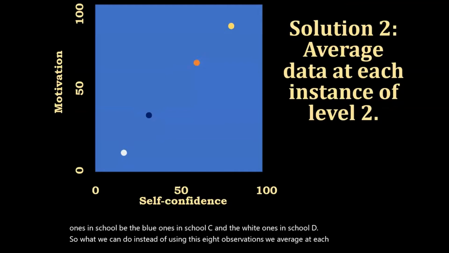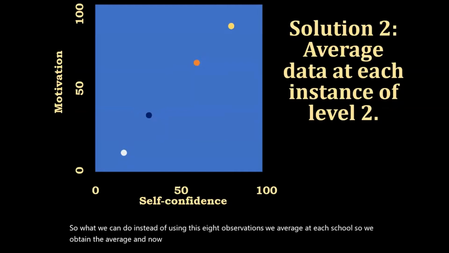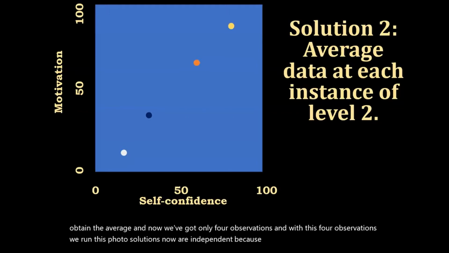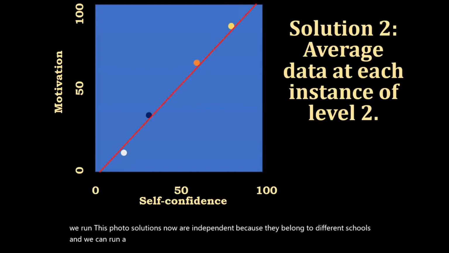So we obtain the average, and now we've got only 4 observations. These 4 observations now are independent because they belong to different schools, and we can run a regression, and there is no problem whatsoever.